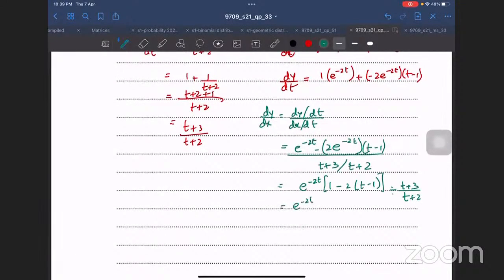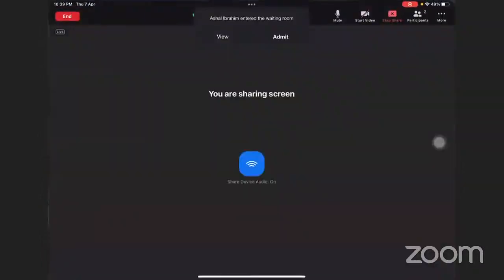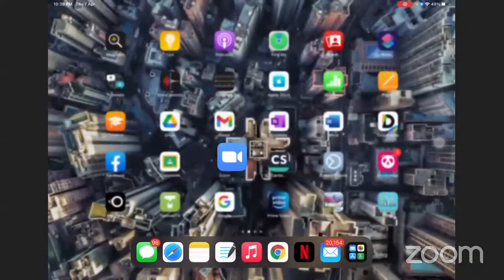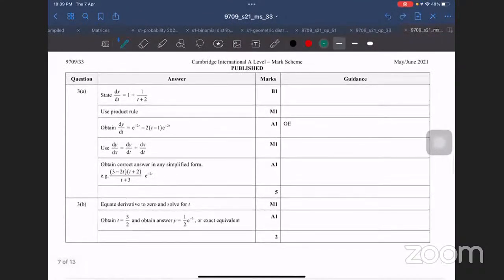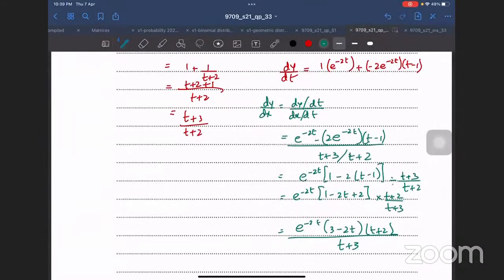Okay, that gives me 1 minus 2t plus 2, multiplied by (t plus 2) over (t plus 3). So e power minus 2t and 3 minus 2t. Okay, let me see if that's the correct answer. Yes, that's the correct answer in any simplified form. So you just need to simplify this. I think that's exactly what the question is asking you.